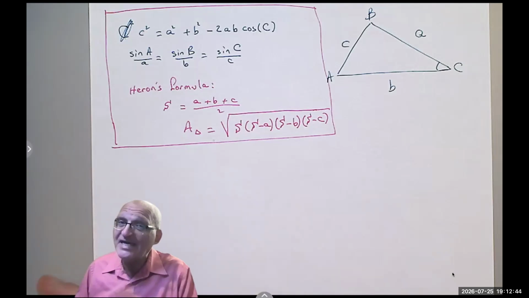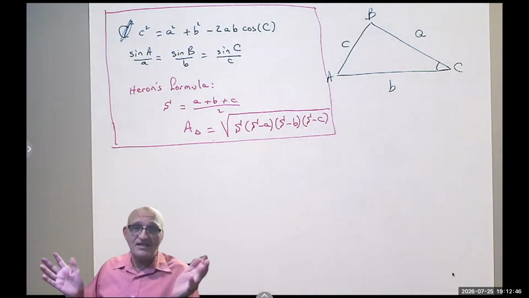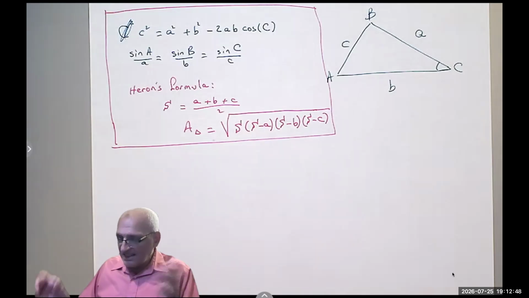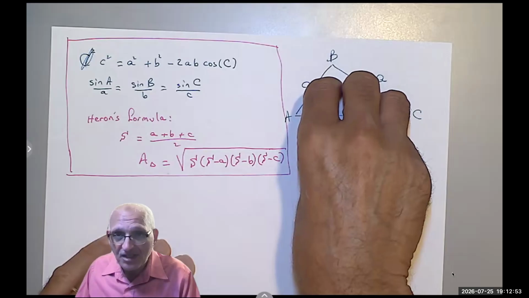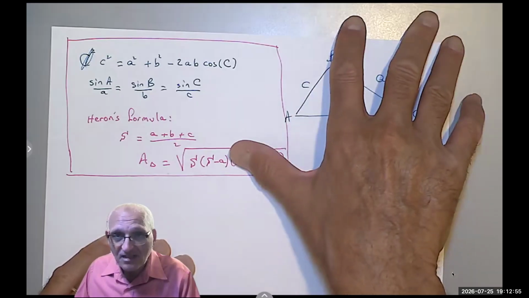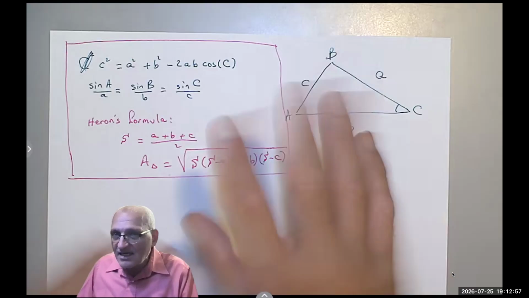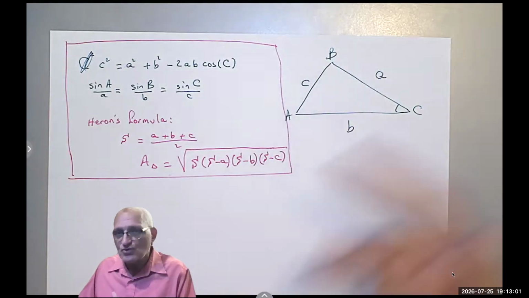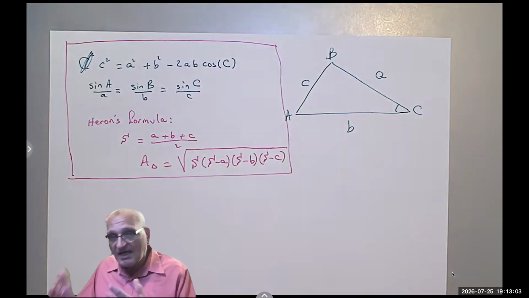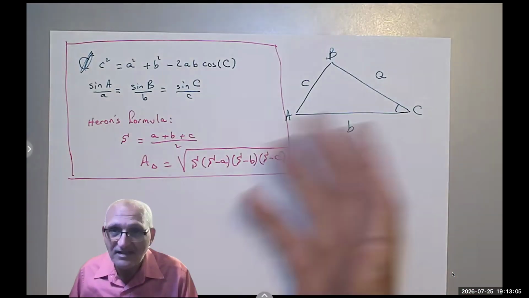For example, if you give me the three angles, I can draw this triangle, I can squish it and shrink it or stretch it. So angles by themselves are not enough. Give me two angles and a side, or two sides and an angle, or three sides. Yeah, I can find everything.